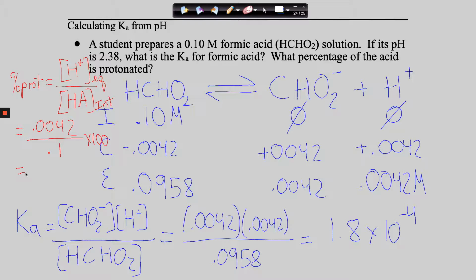So guys, some of you can do the math in your head. Some of you need to push the numbers. I'll push the numbers just to make sure I'm not doing anything weird. Multiply that by 100. And guys, I get 4.2%.